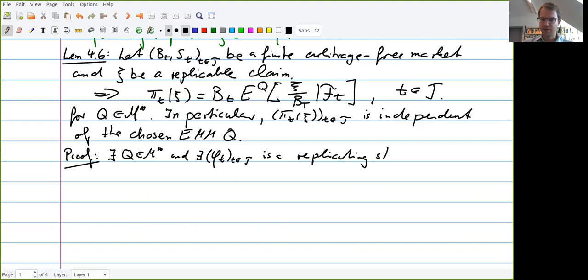Replicating strategy for phi, right? So these are given by the assumption of this little lemma.